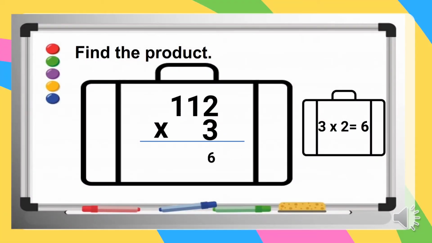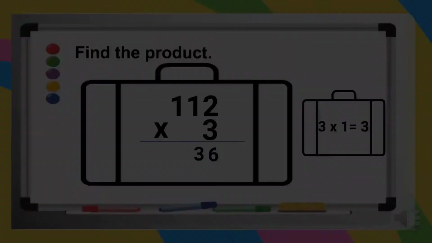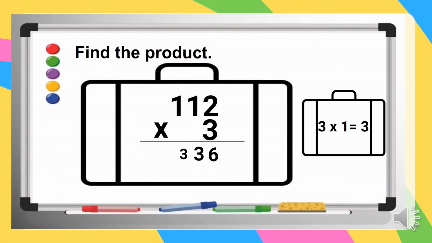And then, 3 times 1 is equal to 3. 3 times 1 is equal to 3. Therefore, 112 times 3 is equal to 336.